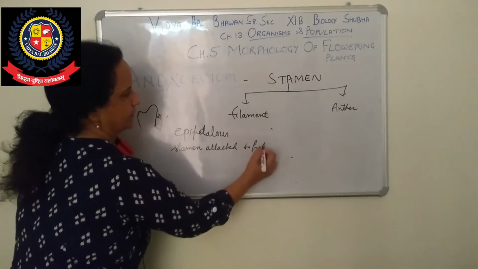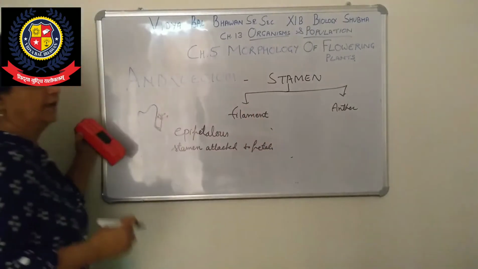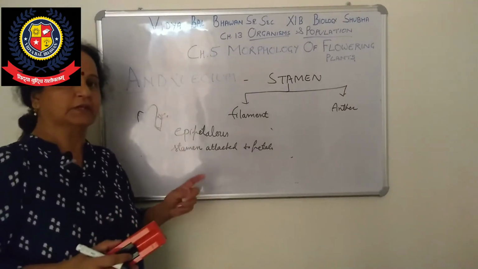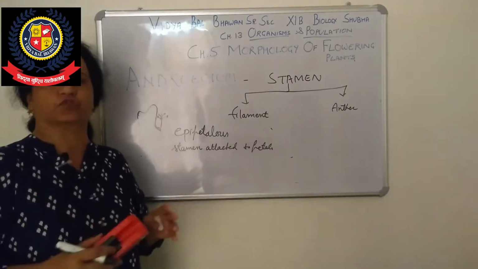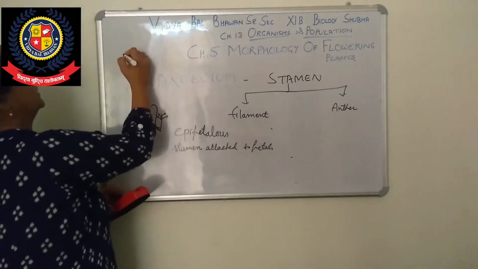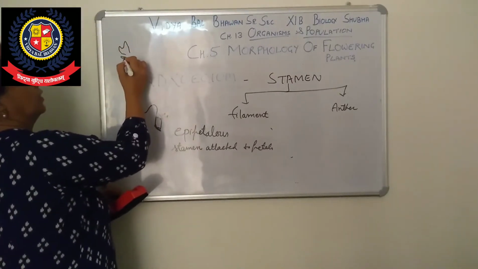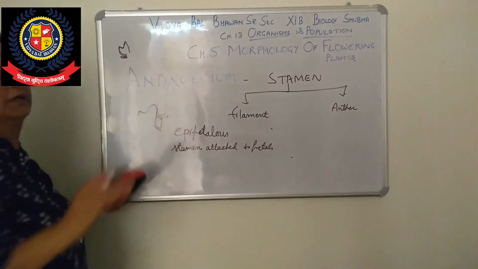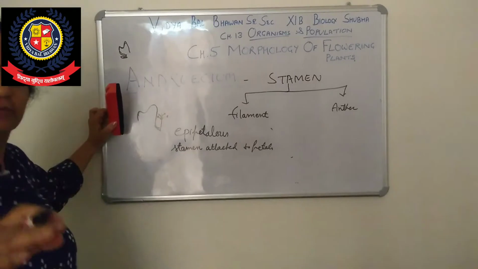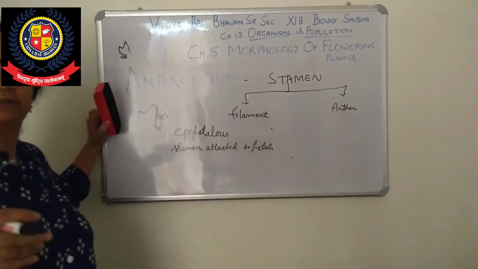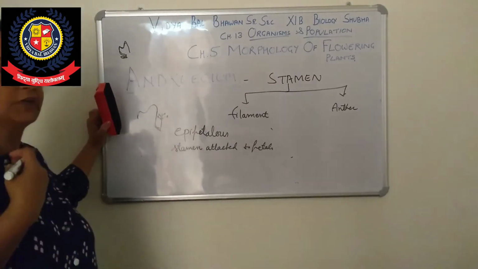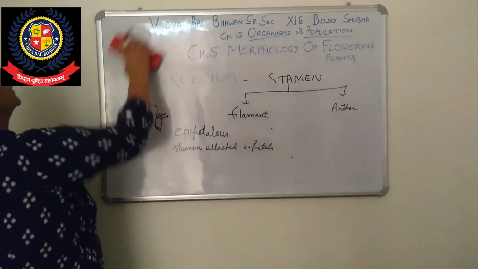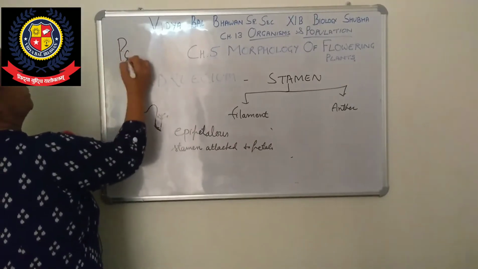In some flowers the calyx and corolla, that is sepals and petals, are fused together, with no differentiation between petals and sepals. At that time it is called perianth.